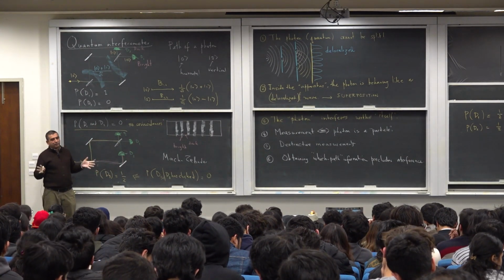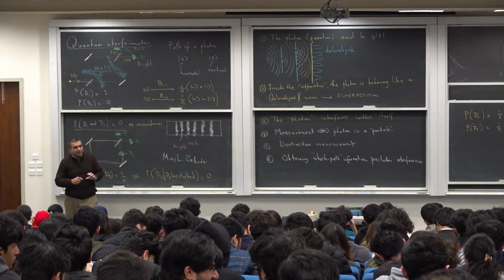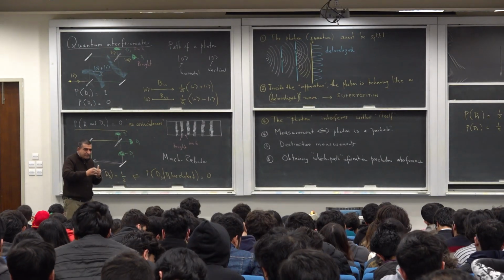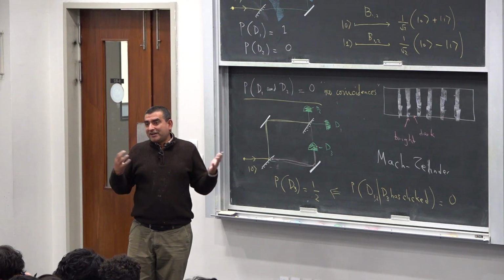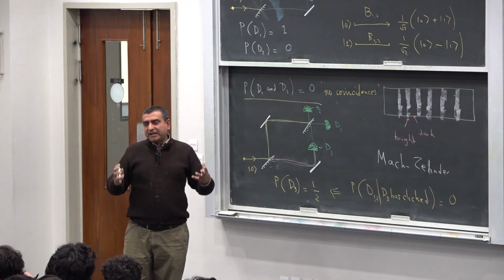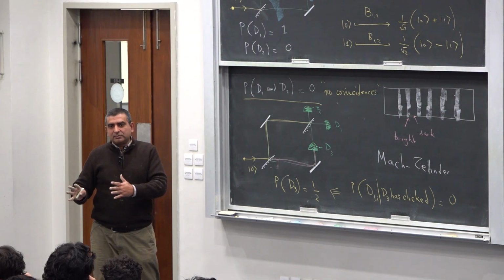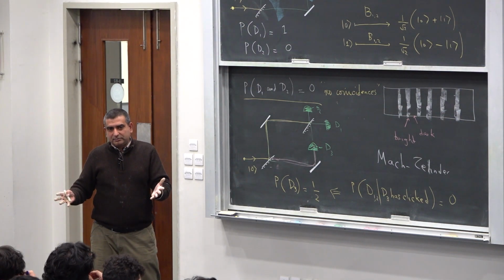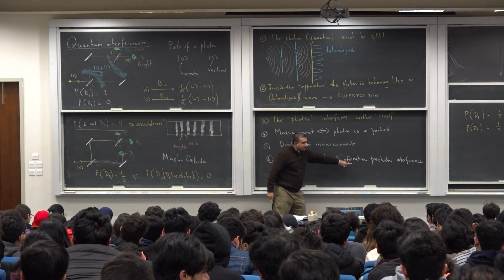It's not behaving like a wave. So depending on how we measure and how we construct our apparatus and our measurement apparatus together in one go, we can decide whether a quantum object behaves like a wave or a particle, whether it's going to show interference or not.